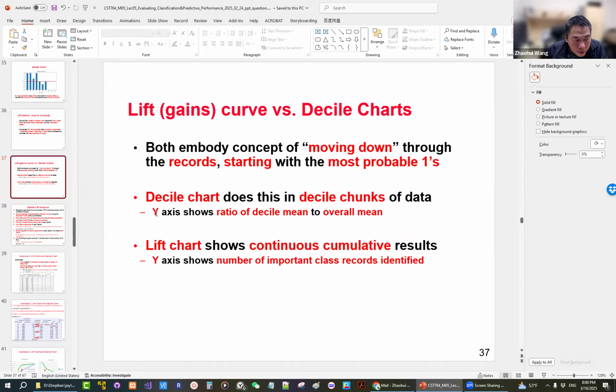The y-axis of the decile chart means the ratio of the decile mean to the overall mean. Now we will show this in an example later. Actually, the decile chart can be calculated based on the lift chart. The lift chart shows the continuous cumulative results.